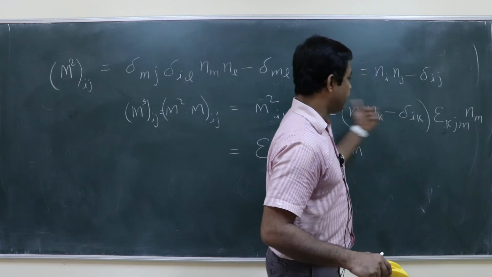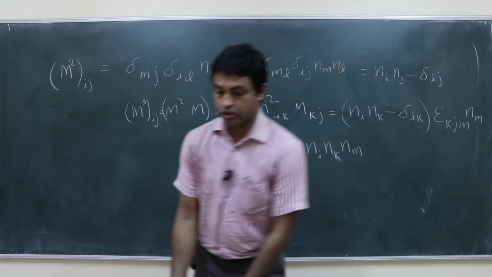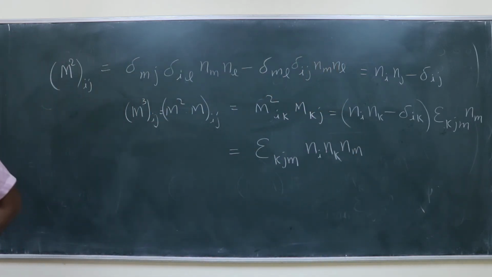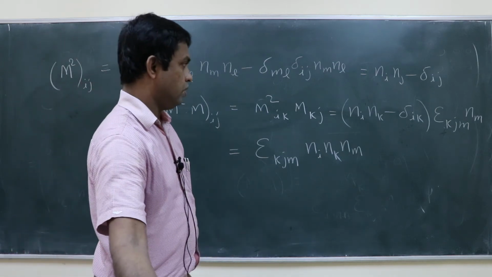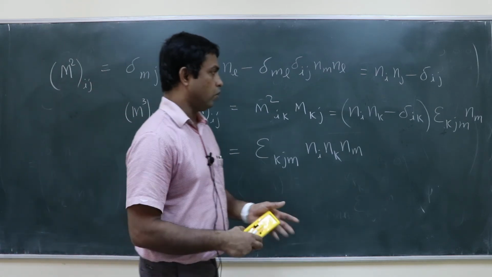This i is a free index, and j is a free index. So you take any i or j.